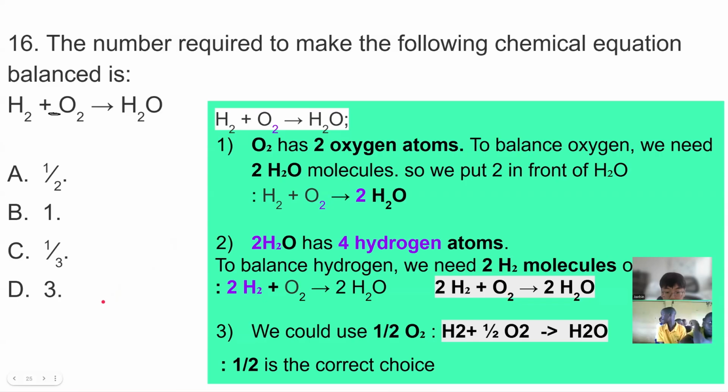Ah, 1/2. Does everyone else think it's 1/2?